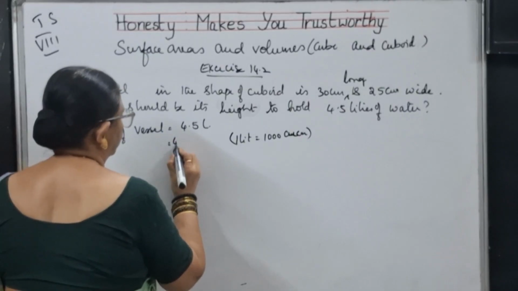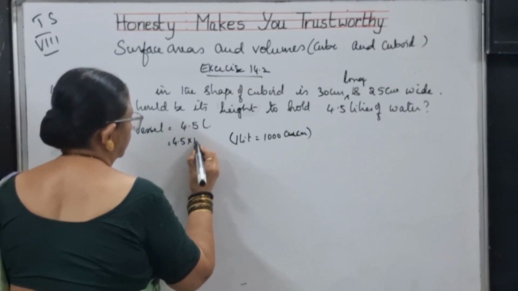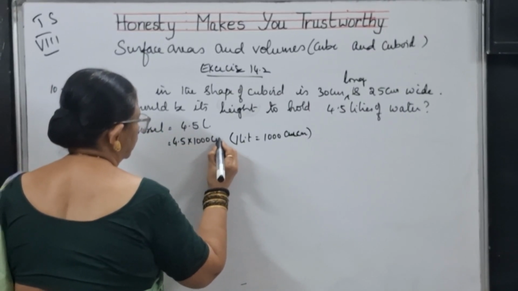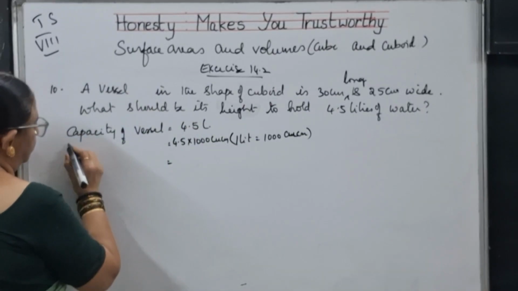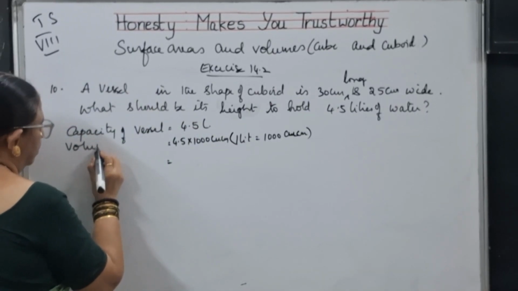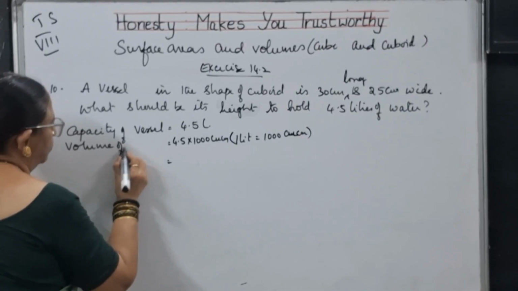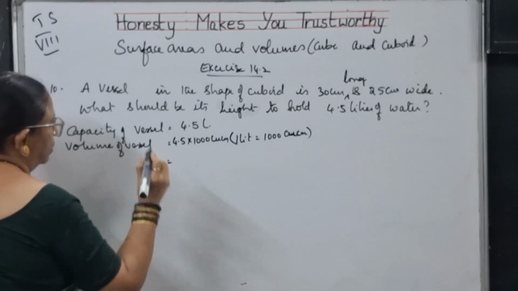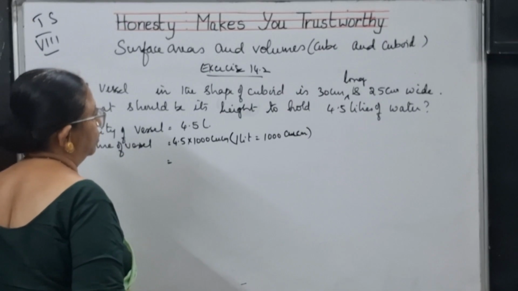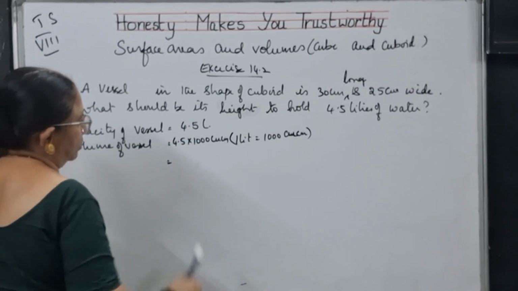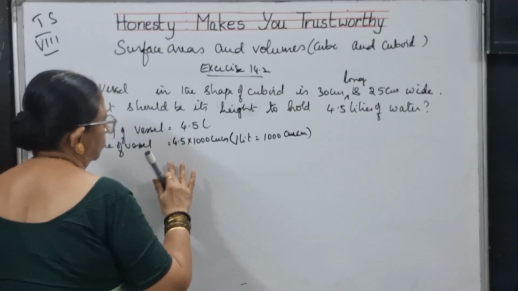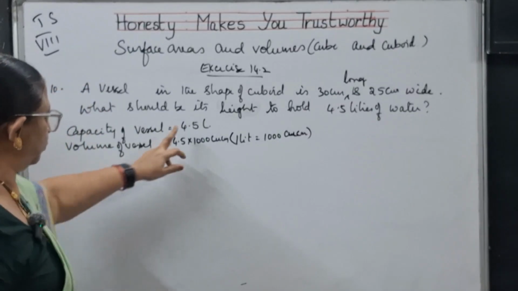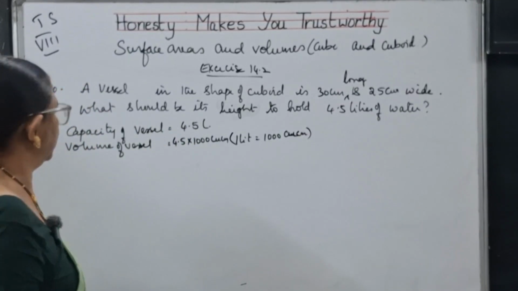So 4.5 liters into 1000 cubic centimeters is the volume. The volume of the vessel is equal to 4.5 into 1000 cubic centimeters. Why, children? Because we know that 1 liter means 1000 cubic centimeters. Its capacity of 4.5 liters means this is the volume.